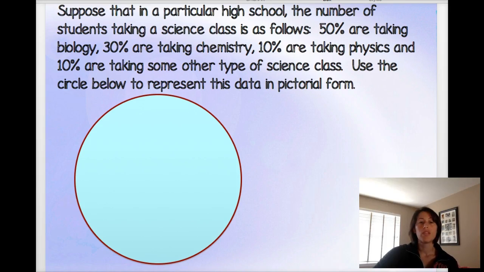So you are going to divide this up and show me how you would create a pie chart or a circle graph. Don't forget you need a title, and you need to represent the numbers, the percentages in there as well, okay?